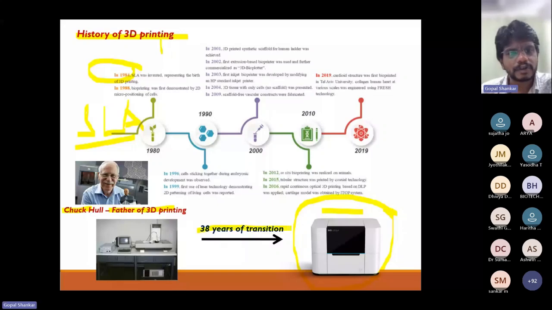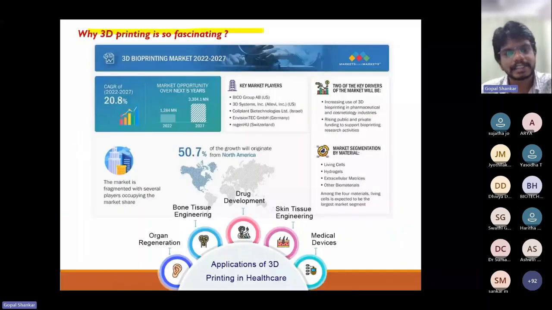And why is 3D printing so fascinating? What is the reason? The reason is that there is an increase in use of 3D printed products in the pharmaceutical and cosmetics industry. And because of its beneficial properties, there is a rise in public and private funding to support all these activities. And you see here, these are the key players in the 3D printing market. Most of them are in the US.